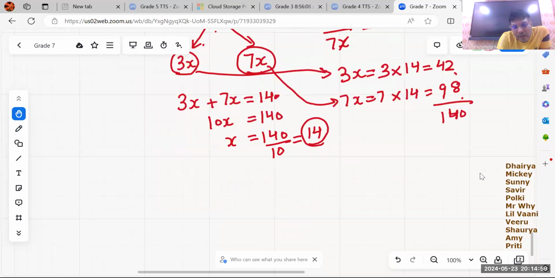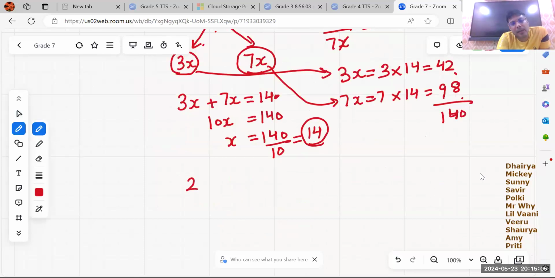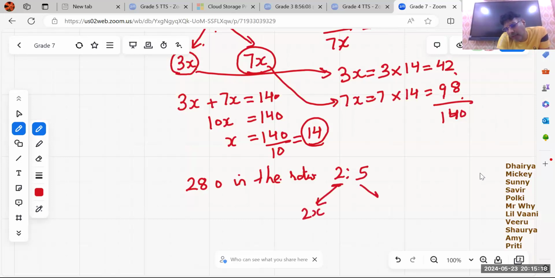Let's say we have to divide 280 in the ratio 2:5. So I will take the first as 2x, second as 5x. Any problem in this, Shaurya?